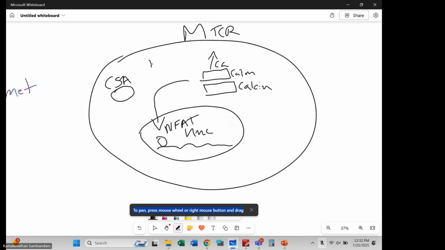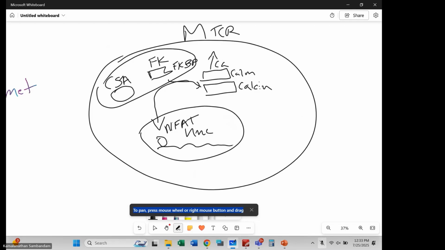When I give you FK or tacrolimus, it binds with another calcineurin binding protein called FK506, or FK binding protein, excuse me. These are some of your intermediaries in this process of interacting with calcineurin, inhibiting calcineurin.